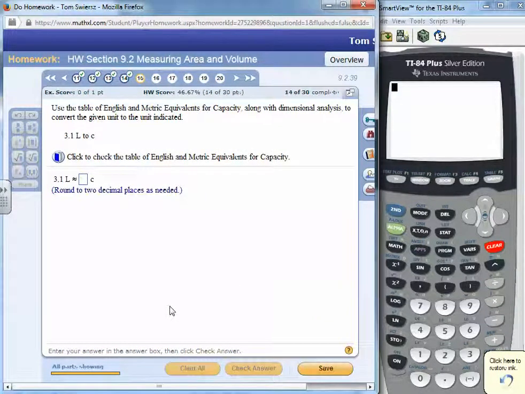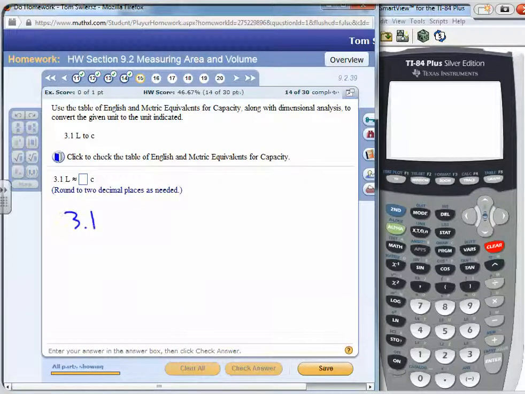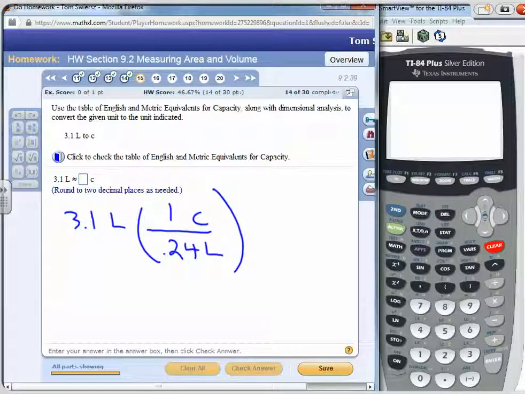All right, so let's go ahead and write down what's given. 3.1 liters. We want to convert to cups, right? What did we just learn from the chart? For every 1 cup, there are 0.24 liters, okay? Again, cups goes in the numerator. That's what we want to convert to. Liters goes in the denominator because we want to cancel out.